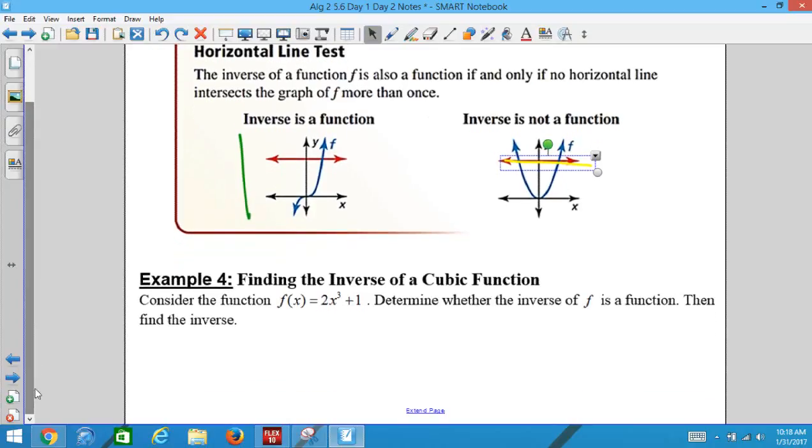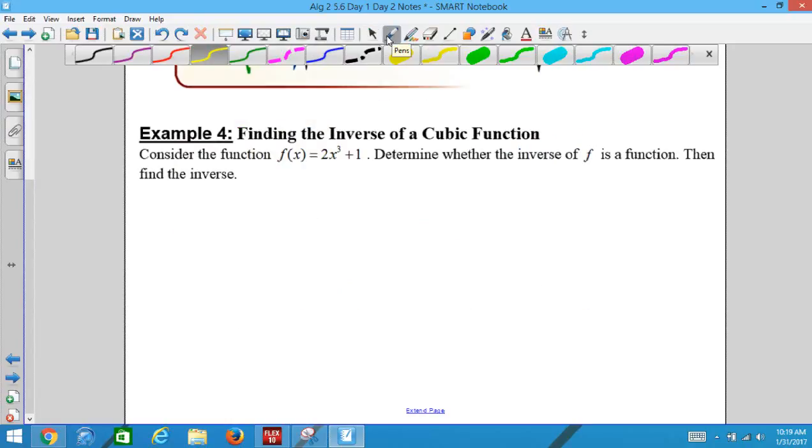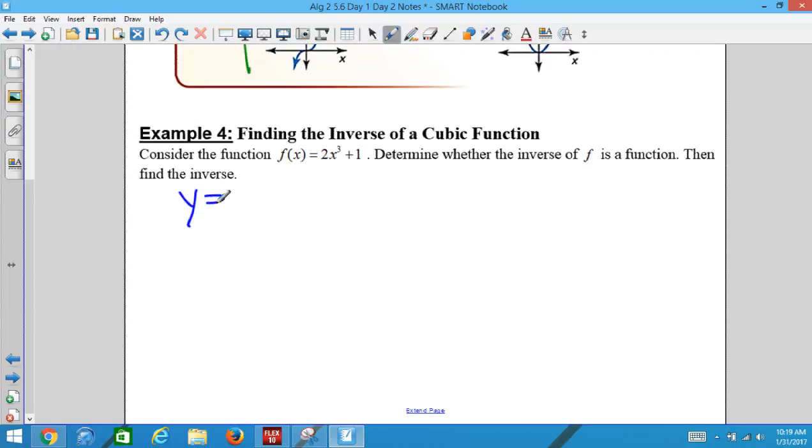We're going to use our graphing calculator to help us go a little faster to determine if the inverse is a function or not. So f of x equals 2x cubed plus 1. Let's type that into our graphing calculator. Y equals 2x cubed plus 1. Go ahead and graph that.